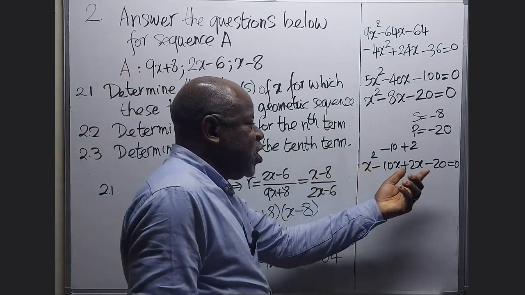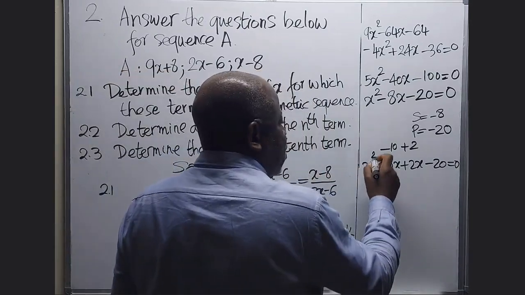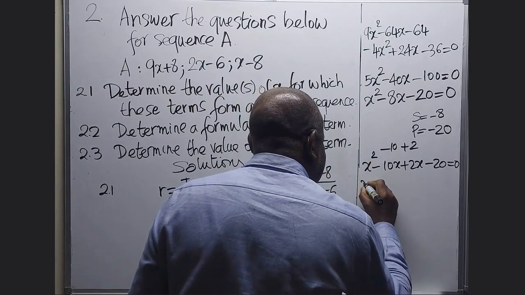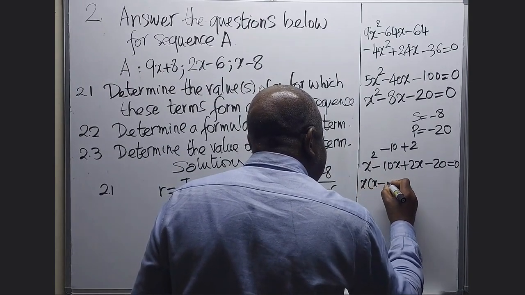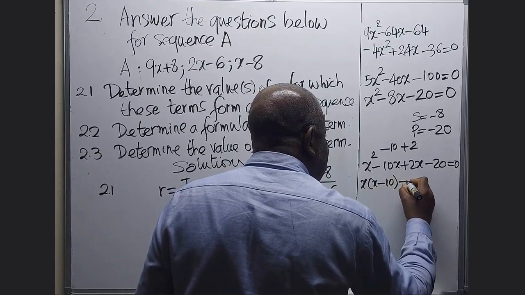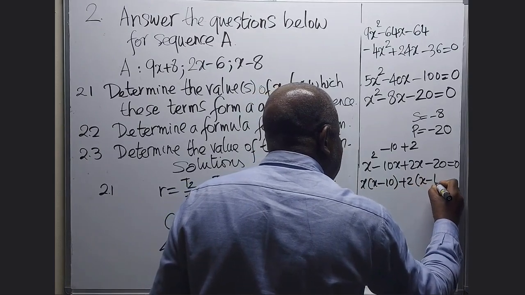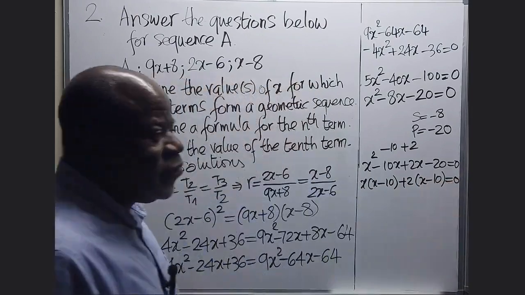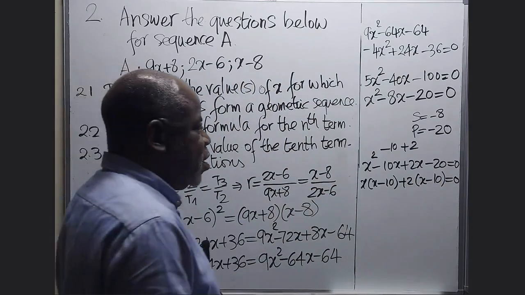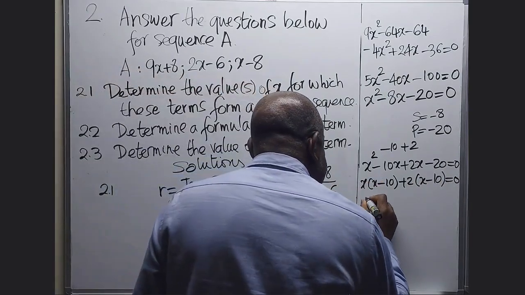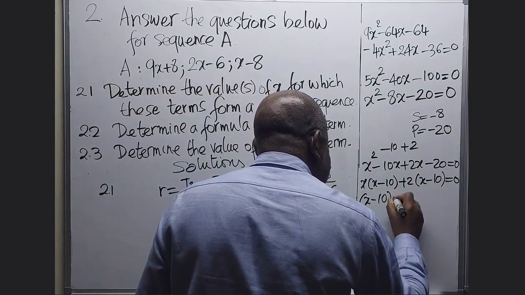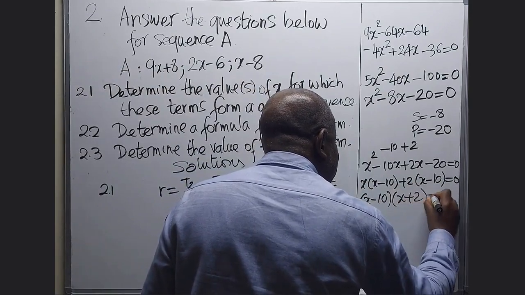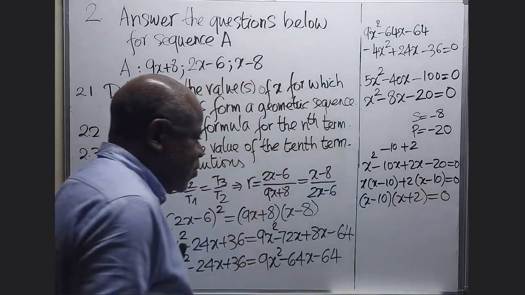Grouping the first two and the last two, here we'll be having x, x minus 10, plus 2, x minus 10 is equal to 0. You can see that x minus 10 is our common factor, so we end up getting x minus 10 times x plus 2 is equal to 0.